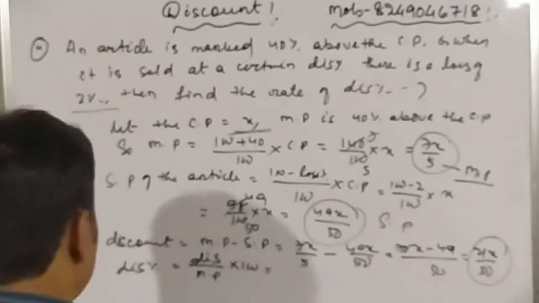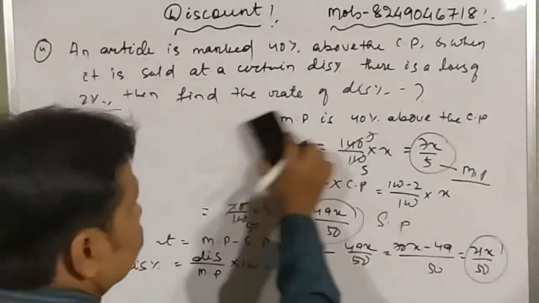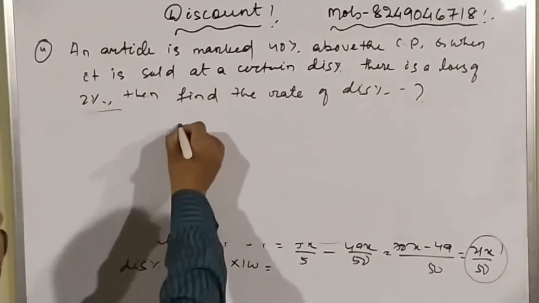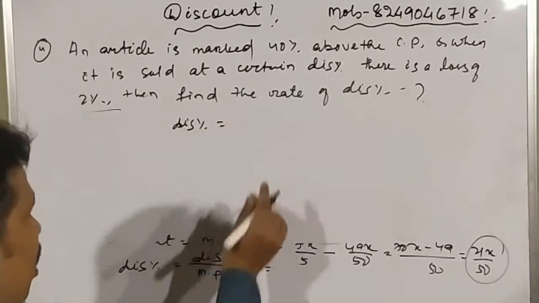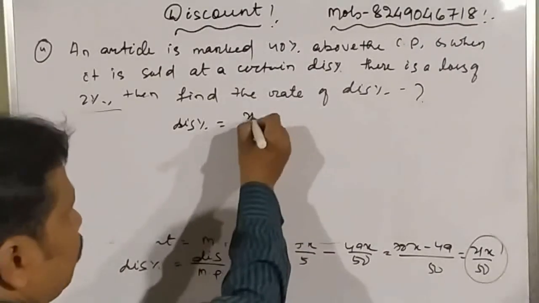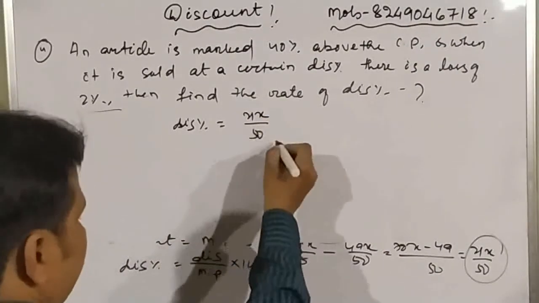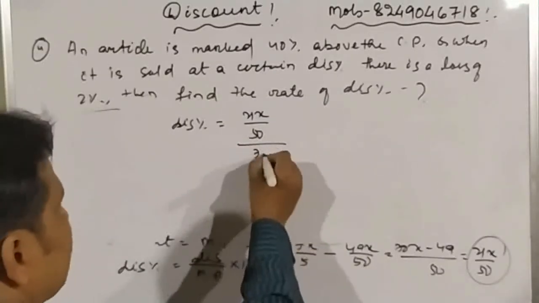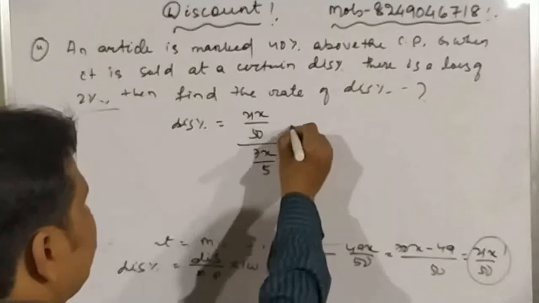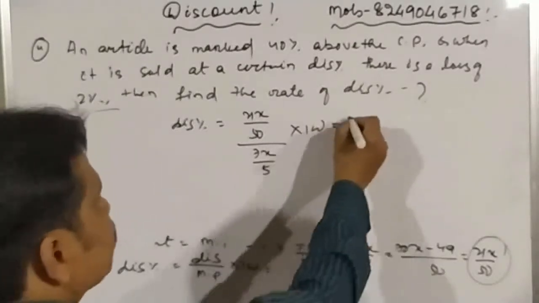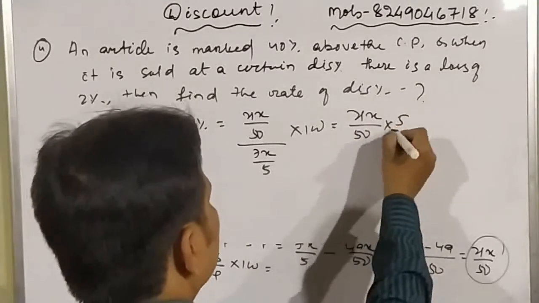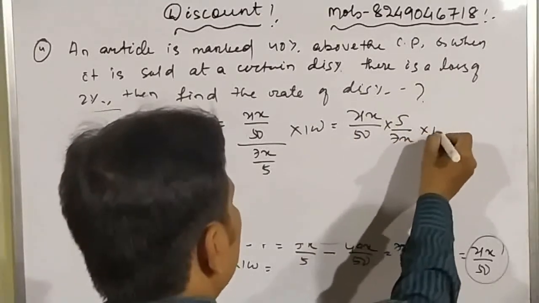The discount is 21x by 50, whole divided by mark price, 7x by 5, into 100. The result is 21x by 50 into 5 by 7x into 100.